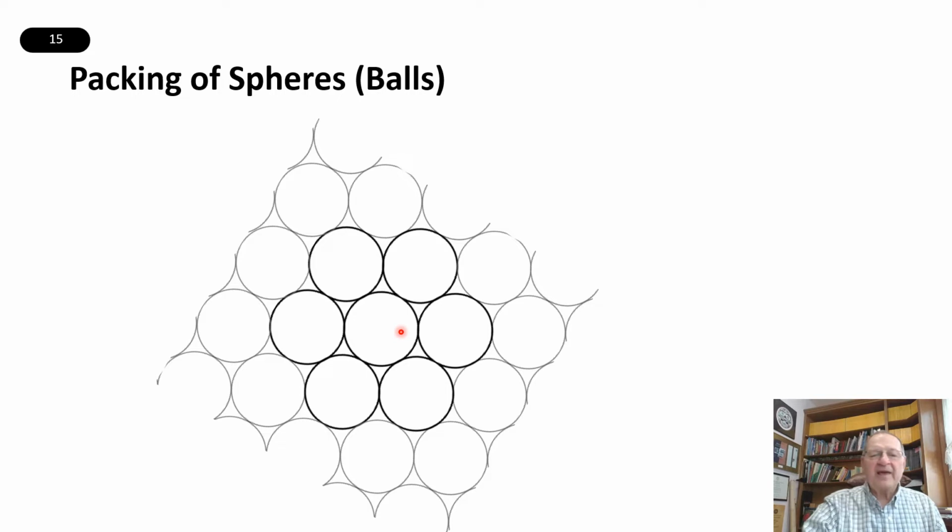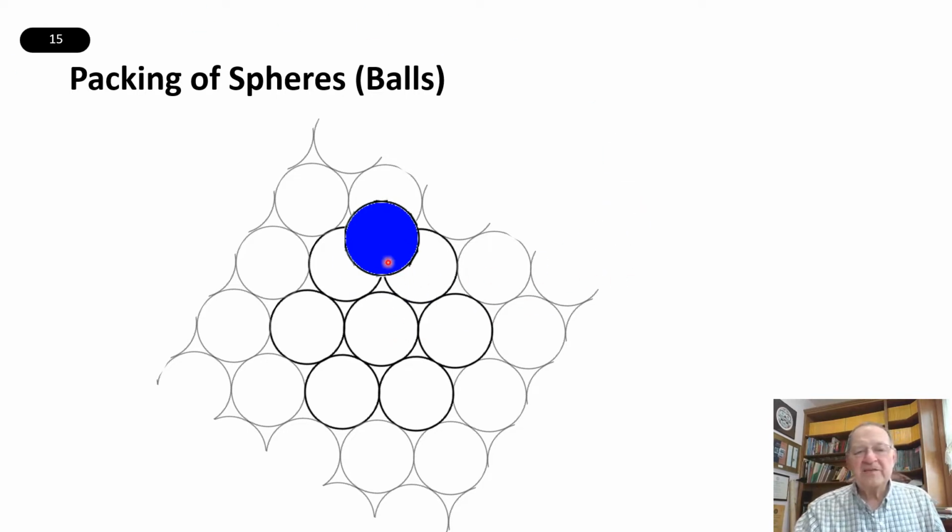And so I would make a layer of balls using this method. Now, when it comes time to make another layer of balls on top of that, I would place this ball right where these three come together and kind of create a divot where that fourth one can sit on top of.